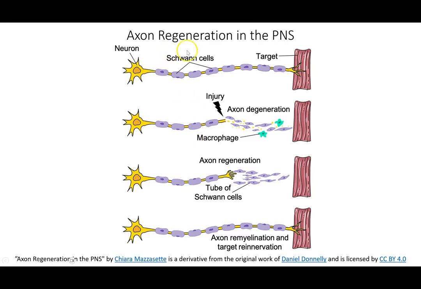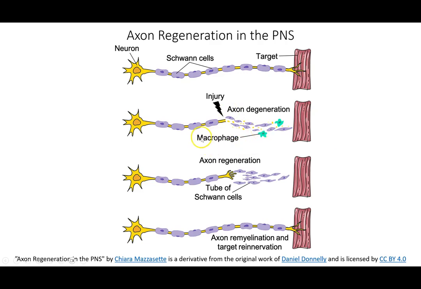So here's our graphic of axon regeneration in the peripheral nervous system. This is what we start with. We've got our soma, and our axon with the Schwann cells around it making myelin. Here's our target, in this case, it looks like muscle. We have an injury, something breaks that axon, and so this distal portion degenerates.